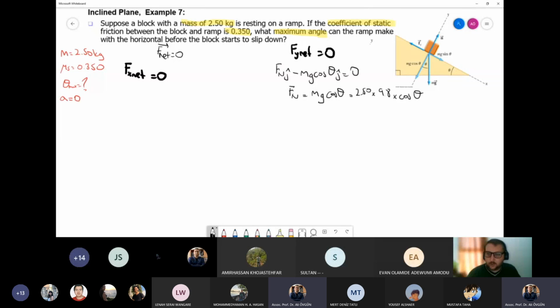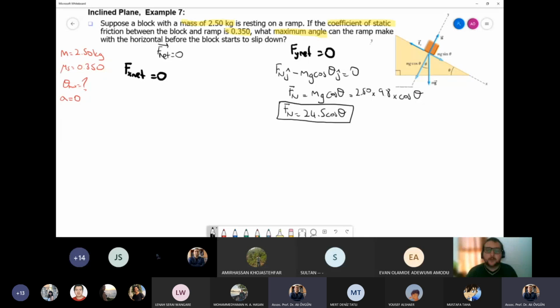But you don't know what theta is, you are going to find it. So 2.50 times 9.8 is 24.5, so F normal will be equal to 24.5 cosine theta.